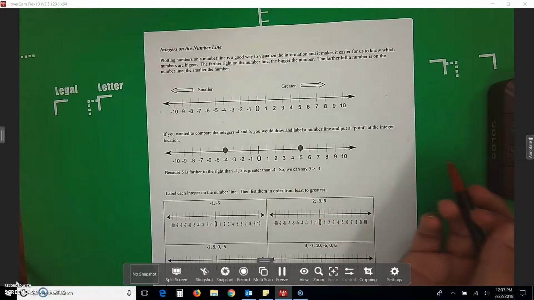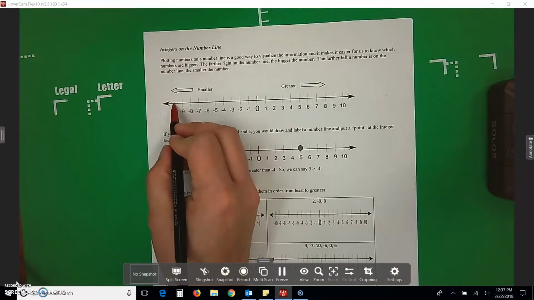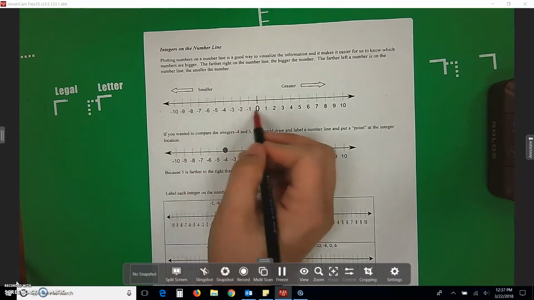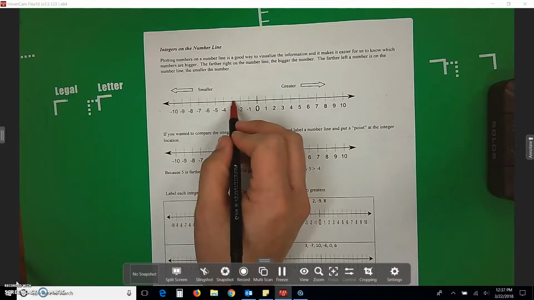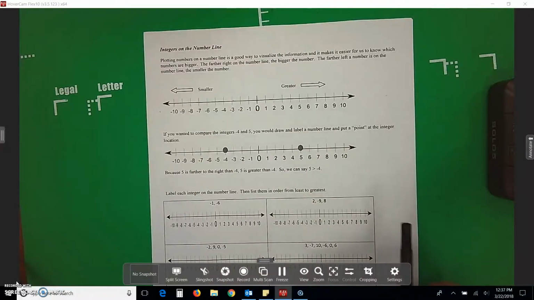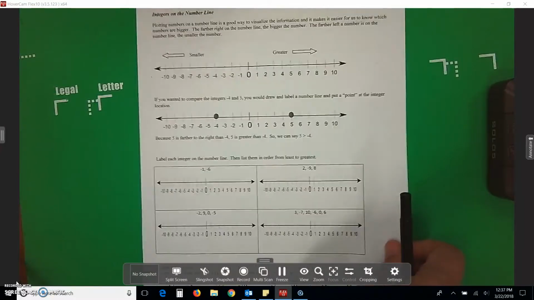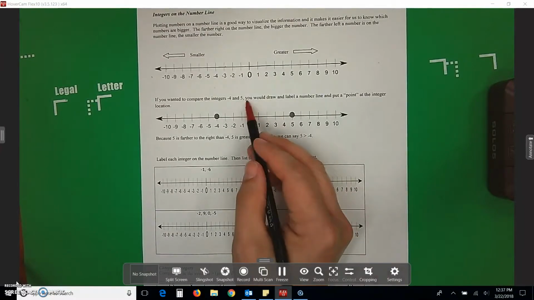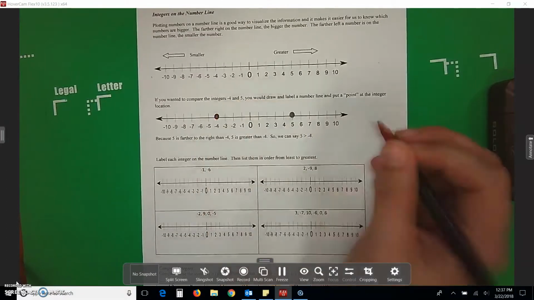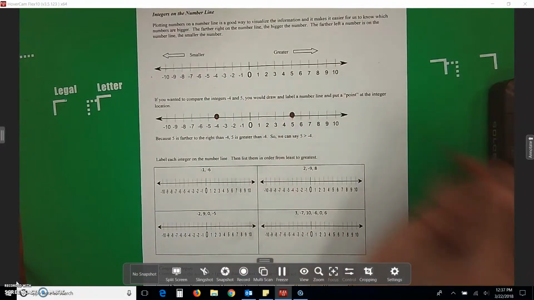Okay, so I know that's a little confusing, but if I owed you $10, I'm pretty far from 0, from breaking even. If I only owed you $3, I'd be a lot closer to paying you off. That's how you got to look at it, just like money. So if you wanted to compare the integers of -4 and 5, here's our dot for -4, here's our dot for +5.